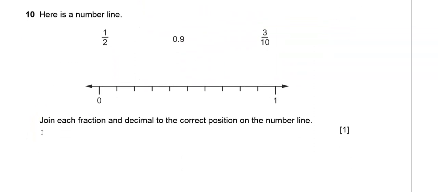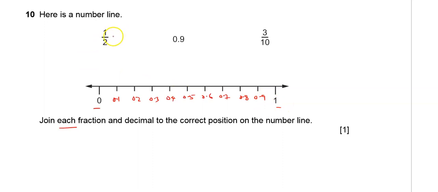Question number 10. Here is a number line. Join each fraction and decimal to the correct position on the number line. So this is 0 and this is 1. And therefore this is 0.1, 0.2, 0.3, 0.4, 0.5, 0.6, 0.7, 0.8, 0.9, and then 1.